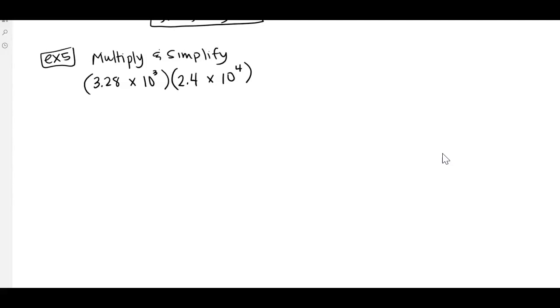So remember before when we had something like 2x squared times 5x to the 3rd, we just multiplied the whole number parts together. And that's what we're going to do down here: multiply the whole number parts together.